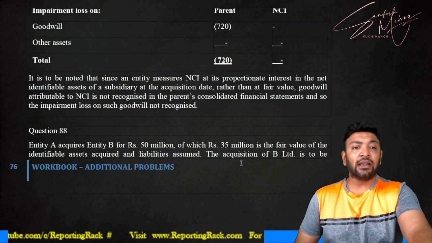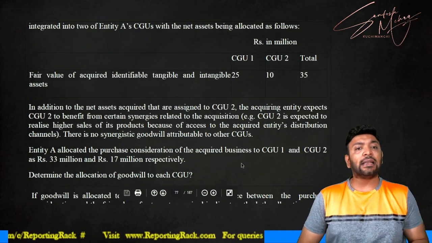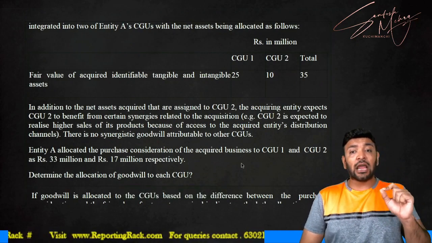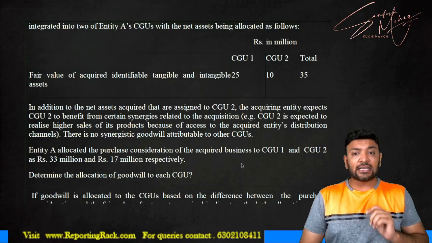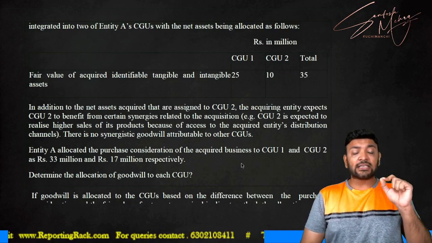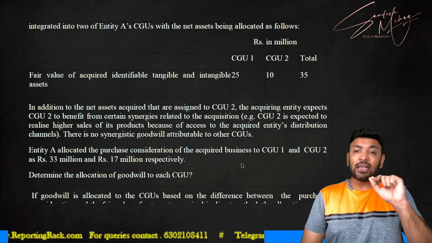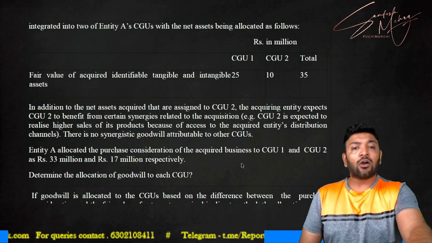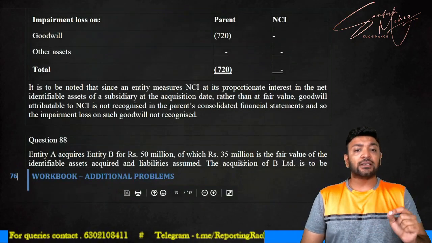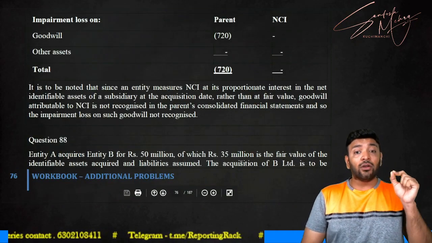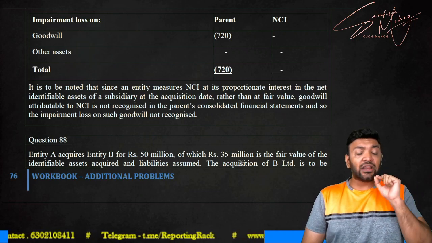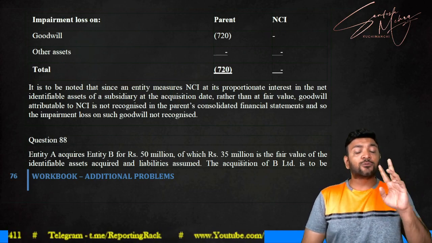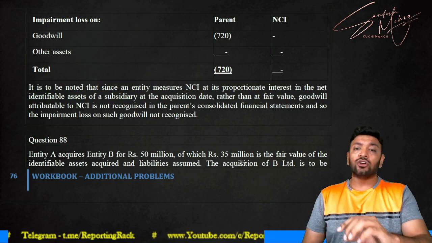The acquisition of B Limited is to be integrated into two CGUs of A Limited, with the net assets allocated as follows: the fair value allocated to CGU1 is 25 million, CGU2 is 10 million, the total being 35 million. The actual purchase price is 50 million and the fair value of net identifiable assets is 35 million, so the difference of 15 million should be accounted for as goodwill.